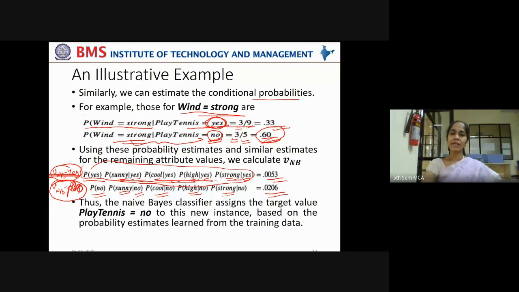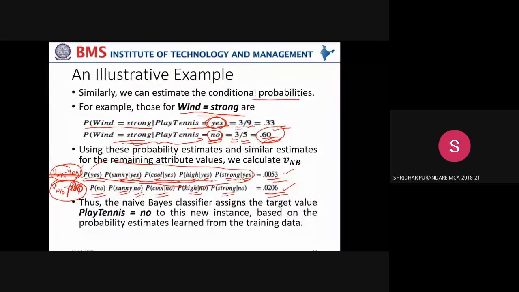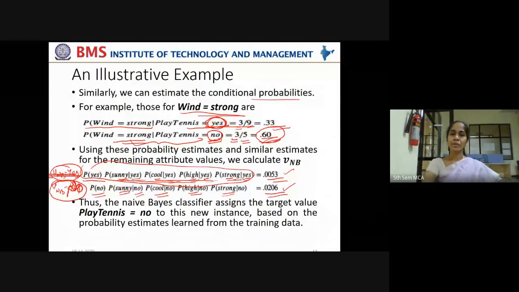Which probability is higher, this one or this one? Should I teach you right from the decimal notation? No is higher. So for the given new instance, the outcome label will be predicted as no, right?